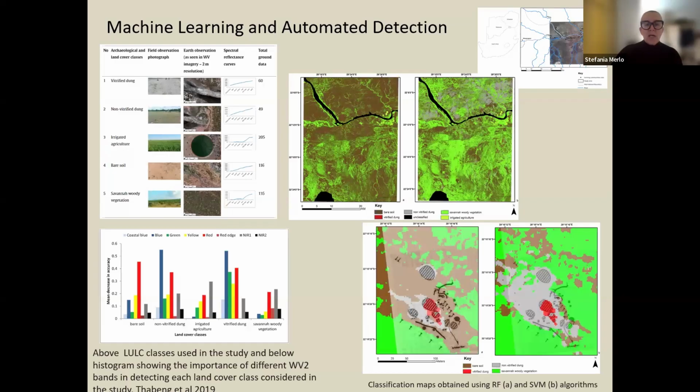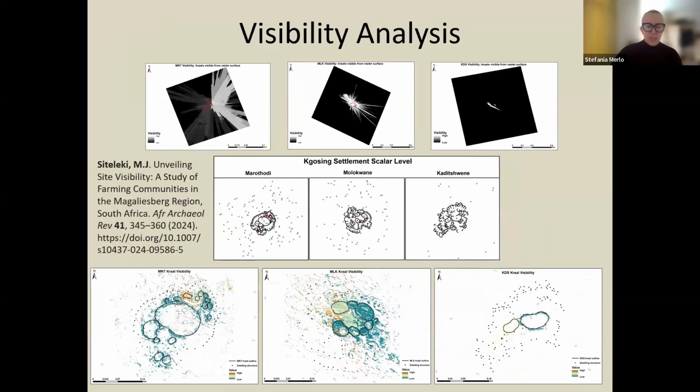There was a comparison here of two different types of machine learning approaches using support vector machines and random forest. So again, another African case study of the advanced analysis used.